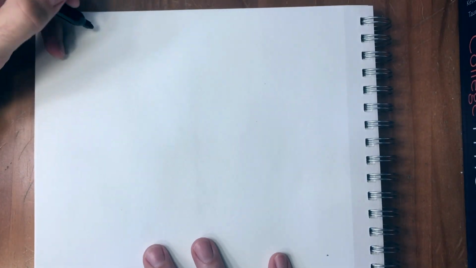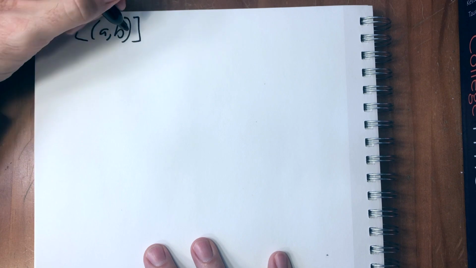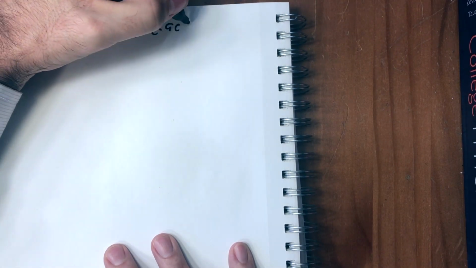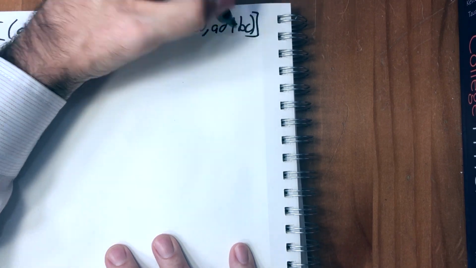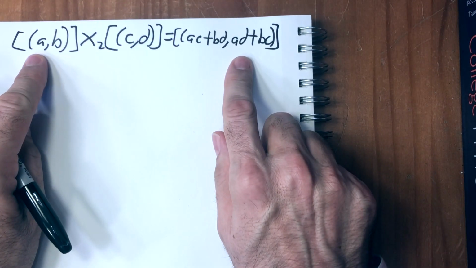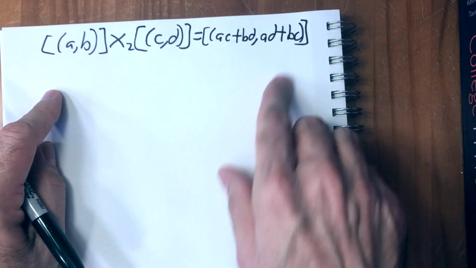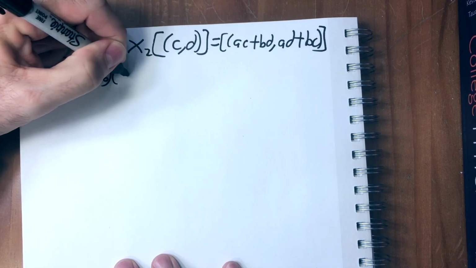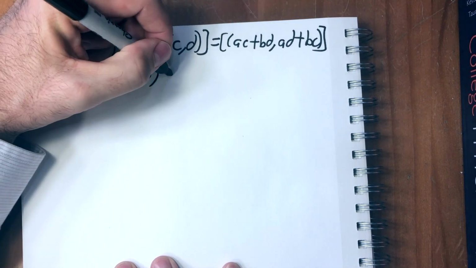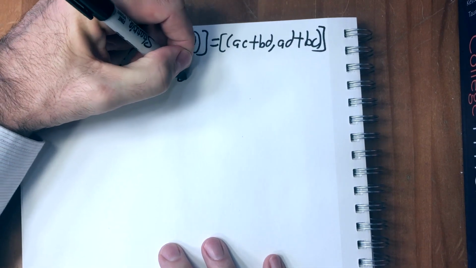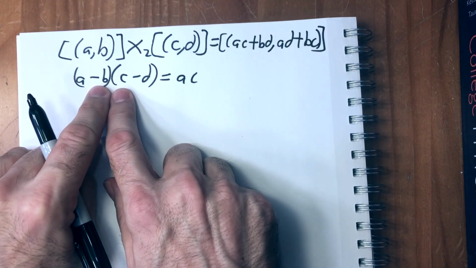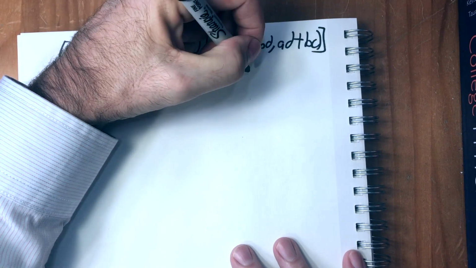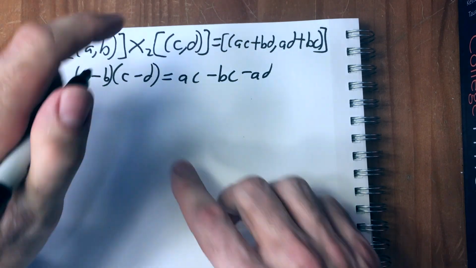So multiplication is defined as, okay, so this is the definition of multiplication. And again, we can justify this easily. So this is (a minus b) times (c minus d), which equals ac, first, minus bc, minus ad, plus bd.